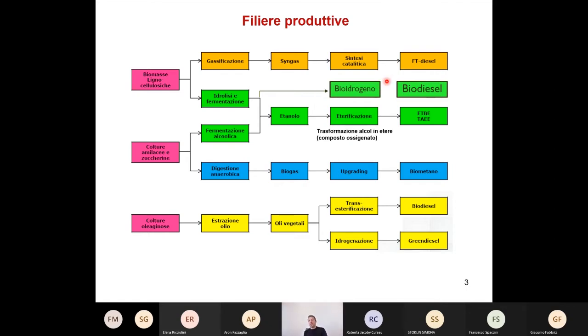So hydrogen obtained from renewable energy, for example from electrolysis, or from a biological process, which is the topic of our course. So you have a lot of possibilities, just combining some processes or introducing new pathways like the biohydrogen one.